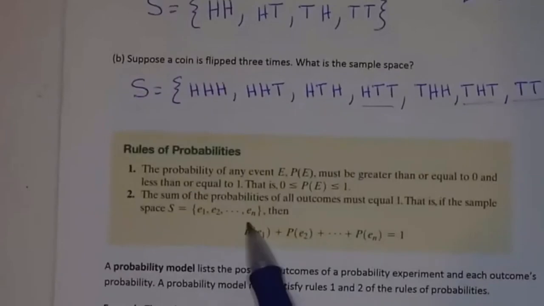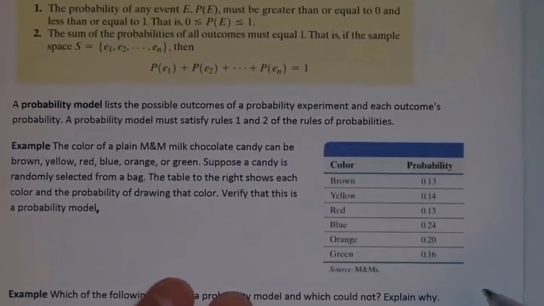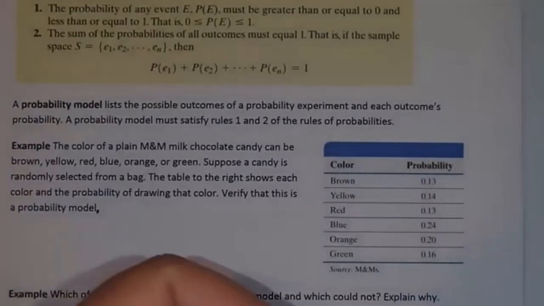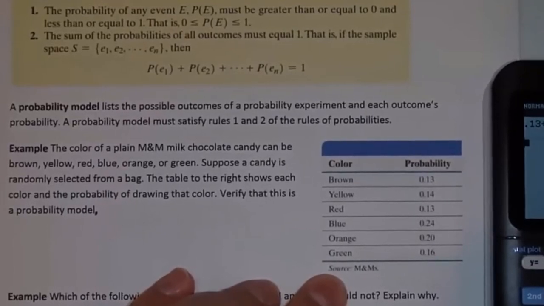Now, the last thing is, if we add them all up, the result has to equal 1. So if I bring in my calculator here, if I add up 0.13 plus 0.14 plus 0.13 plus 0.24 plus 0.20 plus 0.16, that adds up to 1.